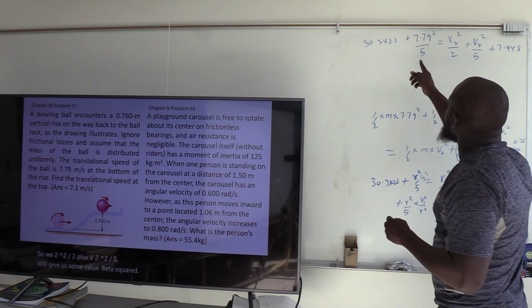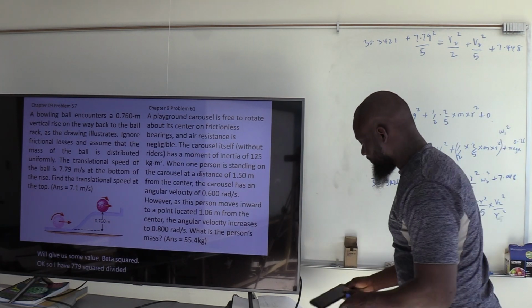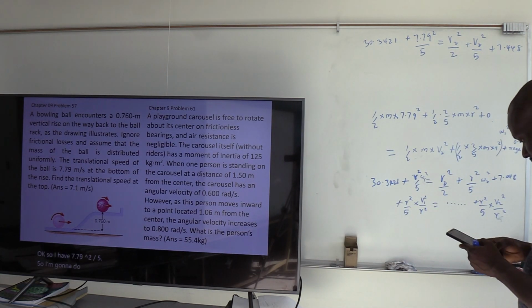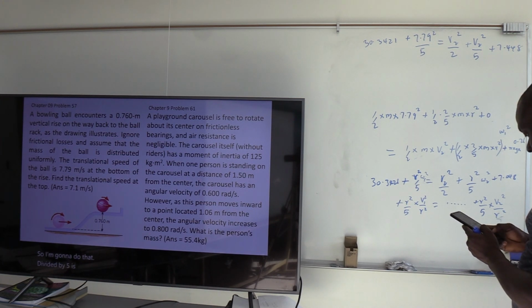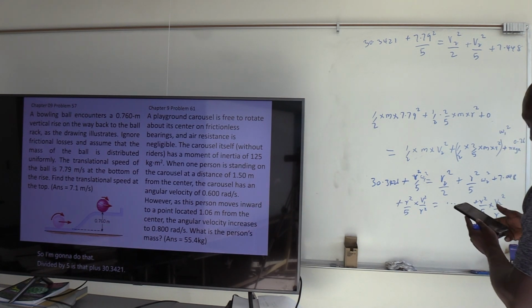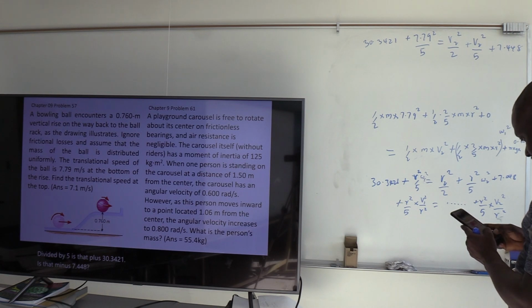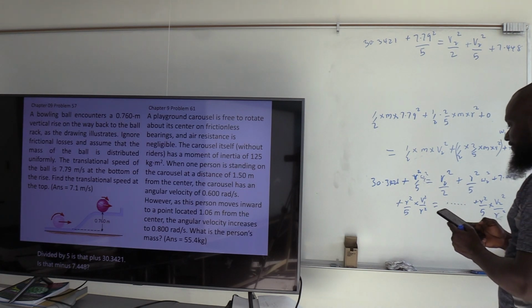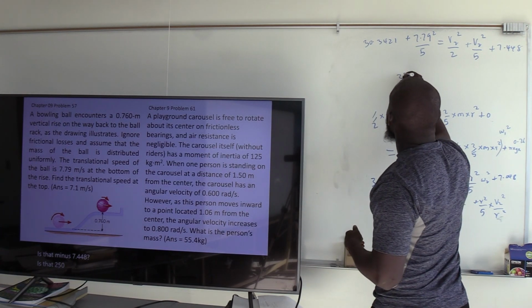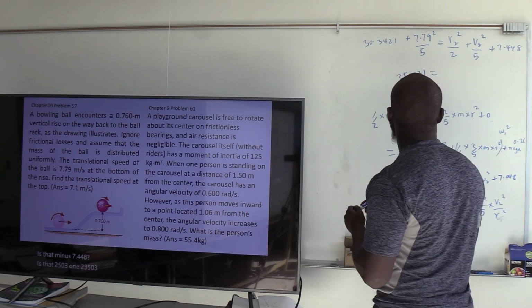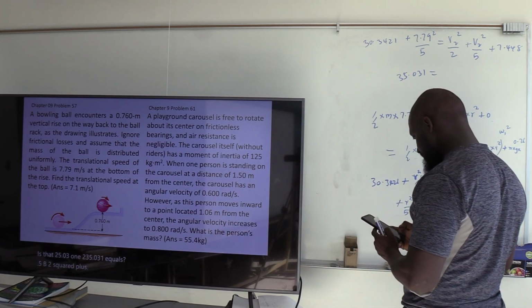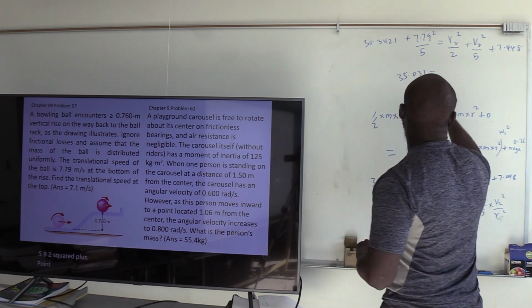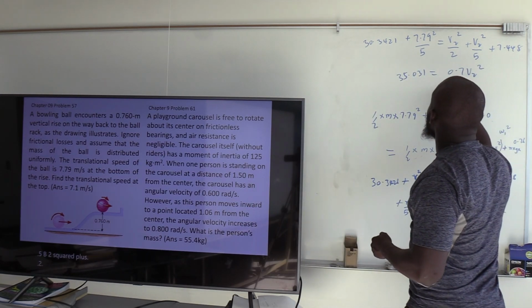Okay. So I have 7.79 squared divided by 5, so I'm going to do that. Divided by 5 is that, plus 30.3421 is that, minus 7.448 is that, 35.031. So 35.031 equals 0.5 V2 squared plus 0.2 V2 squared, which is 0.7 V2 squared.